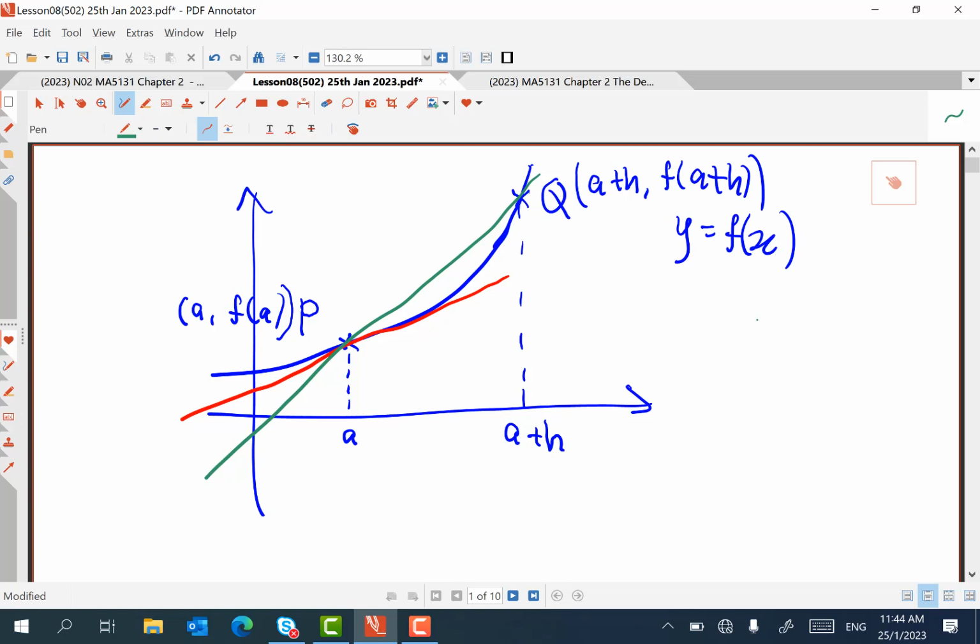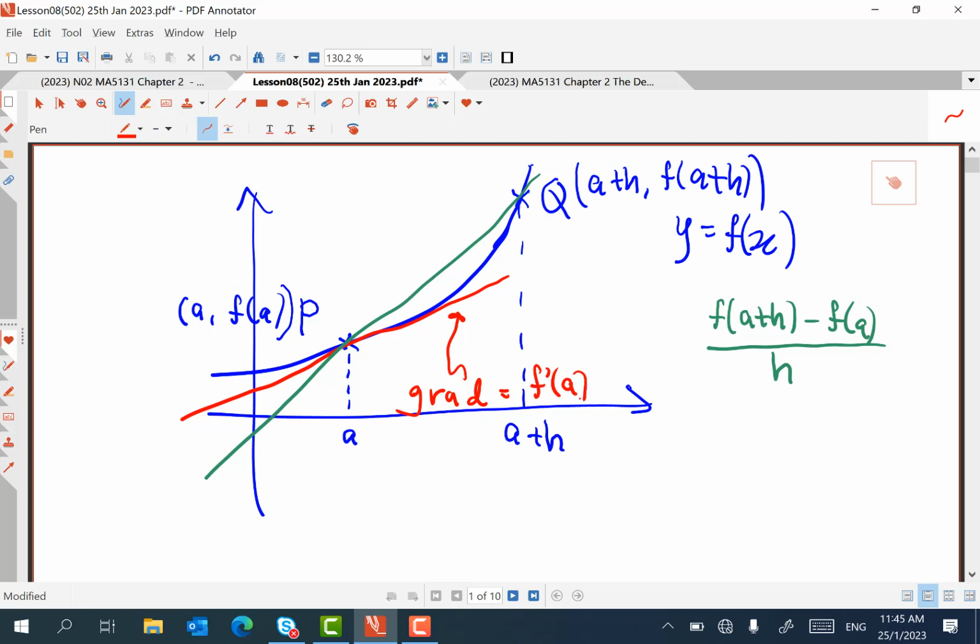The gradient of the green line would be f of A plus h minus f of A over h. What is the gradient of the red line? The gradient of the red line is denoted as f prime A.